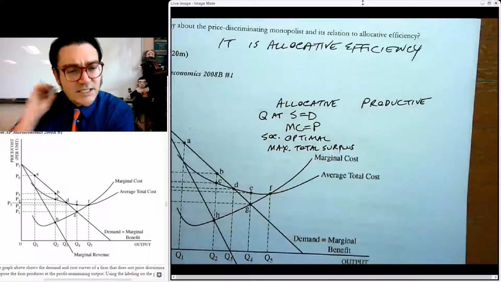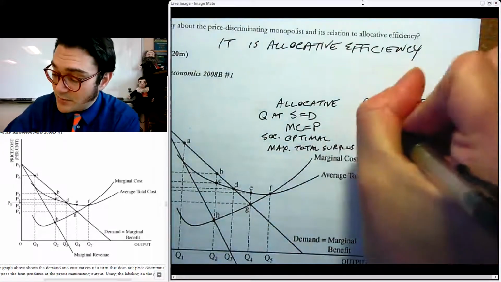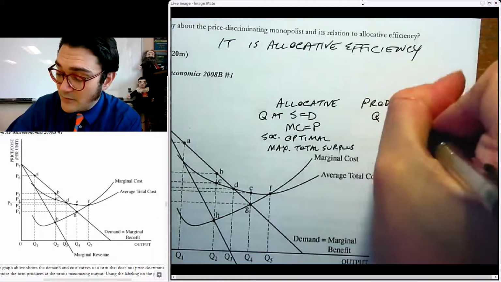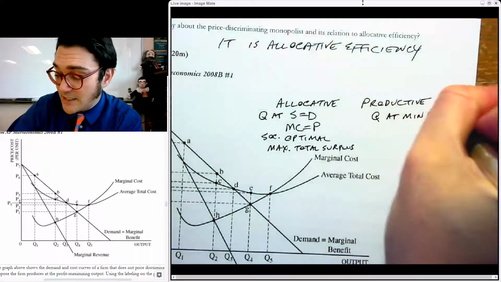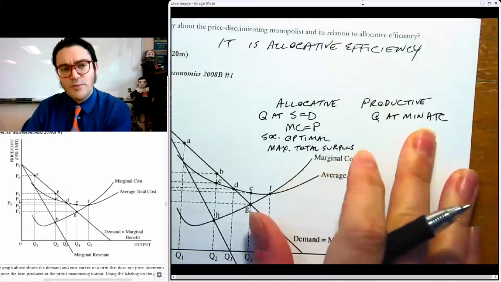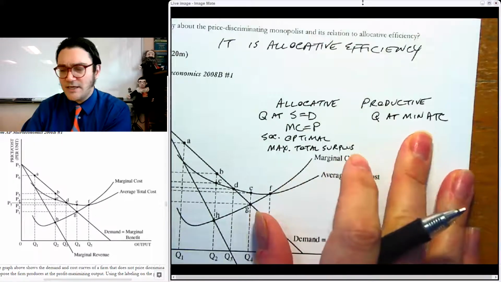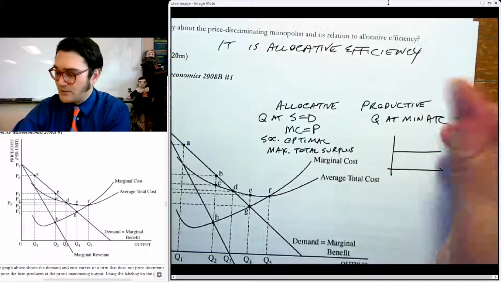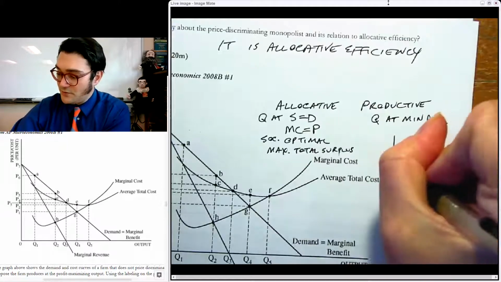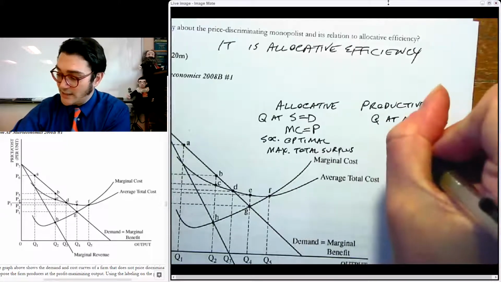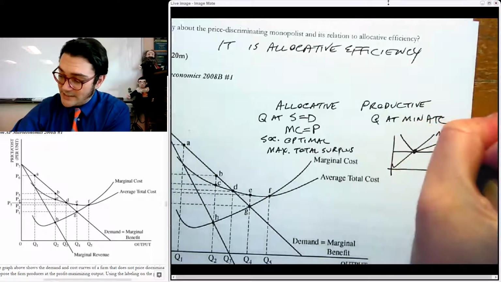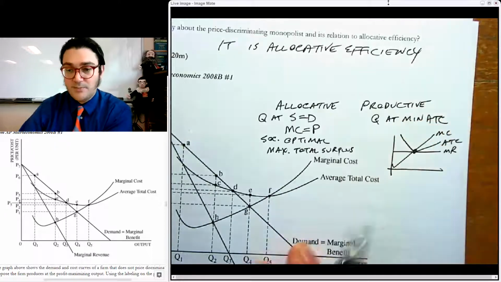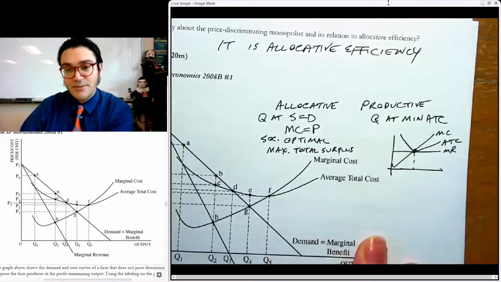Productive efficiency is a different thing, and that literally means you're producing the quantity at minimum ATC. Now, if you remember from perfectly competitive markets, they do produce there, right? You've got MR equals D equals AR equals P, marginal revenue, and then you've got marginal cost. And in the long run, that ATC comes down, hits its minimum, goes back up. And so they are producing at the minimum of ATC.